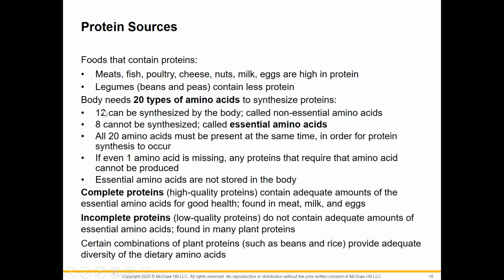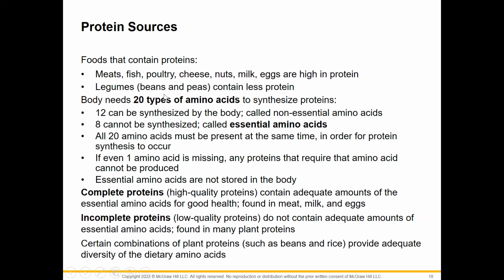12 of the 20 amino acids can be synthesized by the body. So, if you have one type of amino acid, your body can actually make 12 of the 20 that we need. These are called non-essential. Remember, essential refers to whether or not the body can synthesize it.